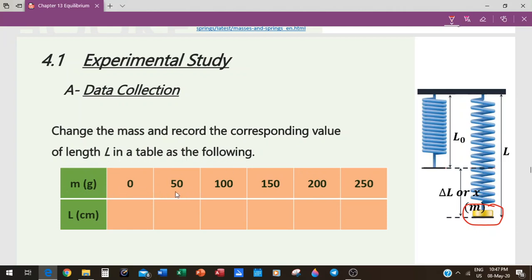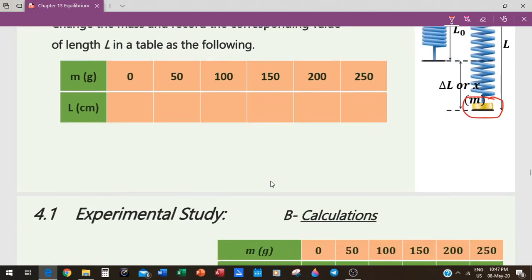We have these masses: 50 grams, 100 grams, 150 grams, 200 grams, and 250 grams. And we will record down the lengths of the spring when we add each mass. So let's study the table and see the values.